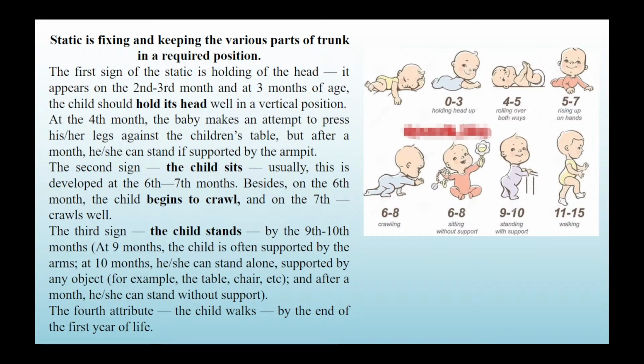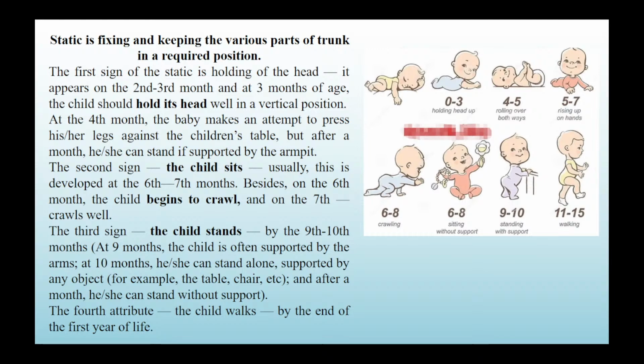The second sign is that the child sits. Usually it develops at the fourth to seventh months. Besides, at 6 months the child begins to crawl, and at seventh month crawls well. The third sign is that the child stands, by the ninth to tenth months.